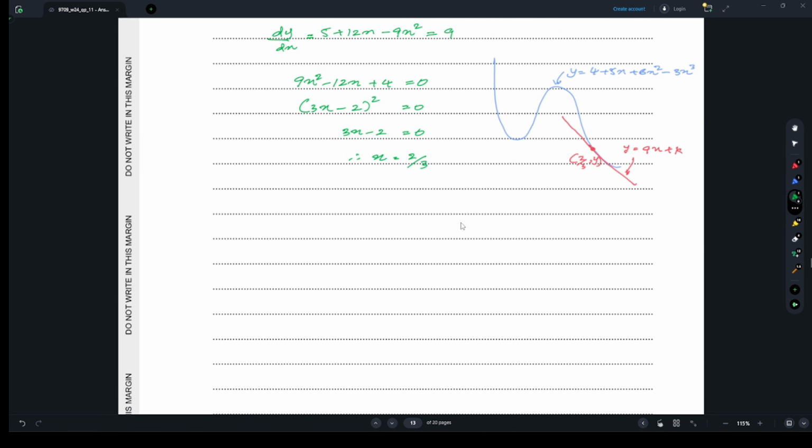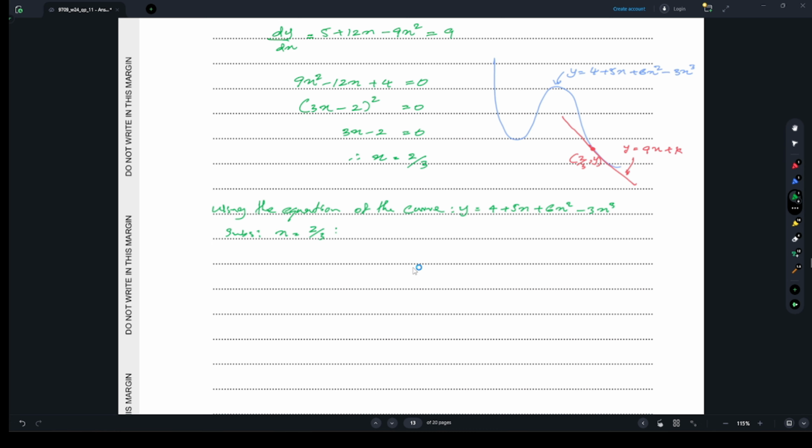Okay, so using the equation of the curve, y equals 4 plus 5x plus 6x square minus 3x cubed, and then substitute x equal 2 over 3.